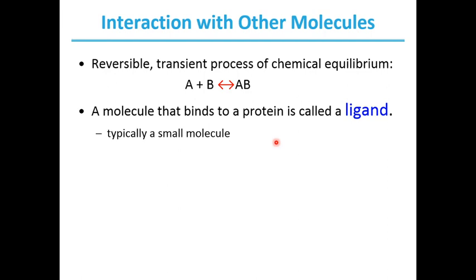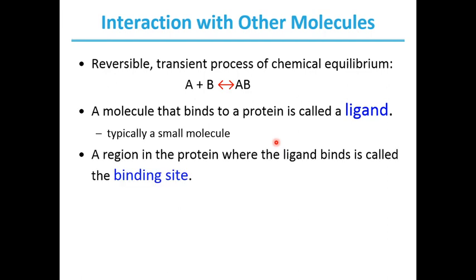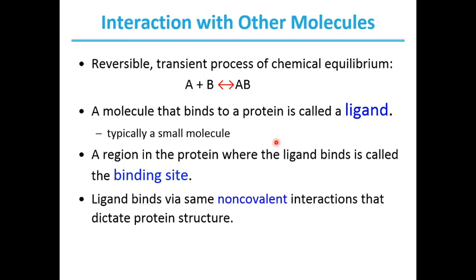But small proteins can also be ligands of other proteins. And as I said before, a region in the protein where the ligand binds is called the binding site. Ligands bind via the same non-covalent interactions that dictate protein structure. This allows the interaction to be transient.